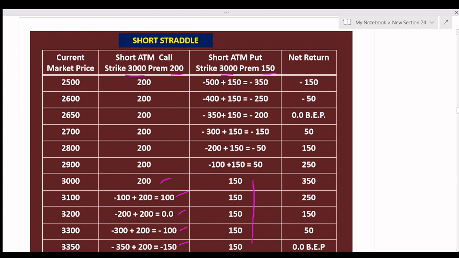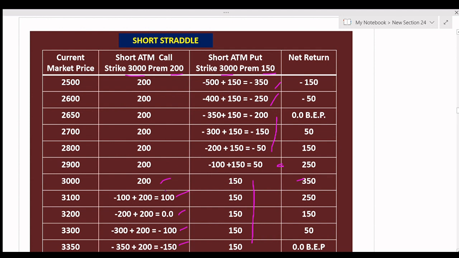When the market moves downwards, the profit will decrease gradually up to the BEP point, and thereafter the trader will suffer losses, which may extend to unlimited.